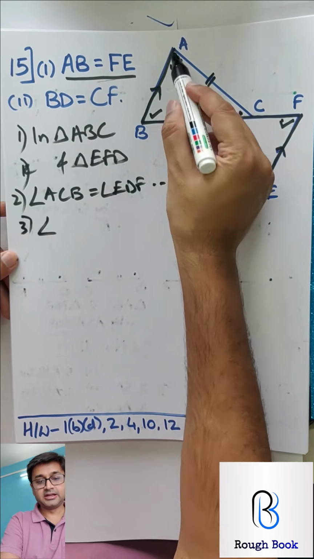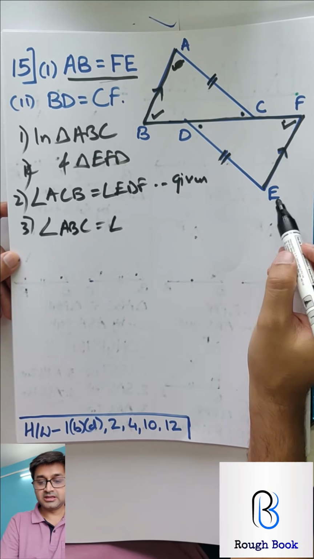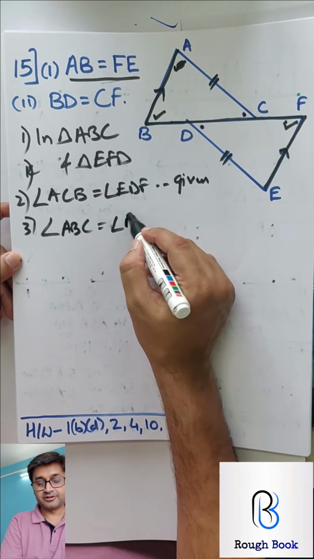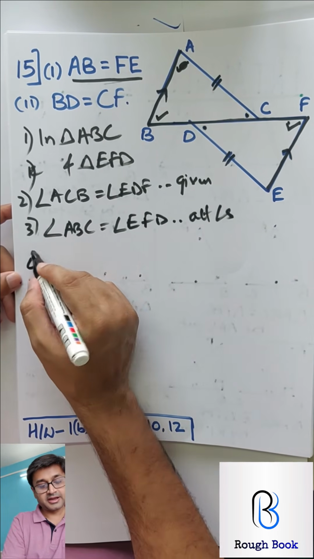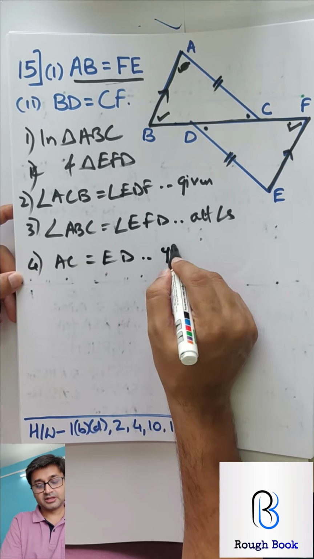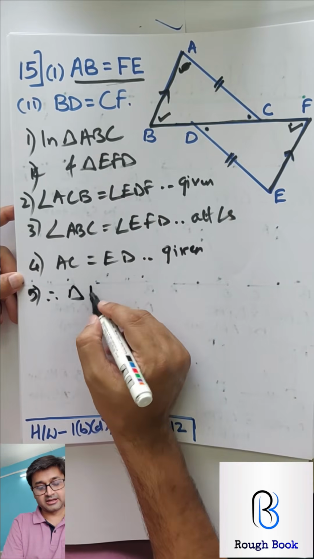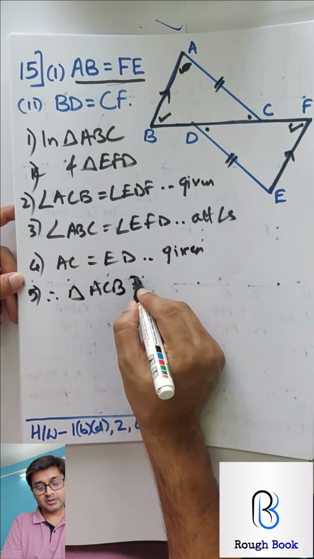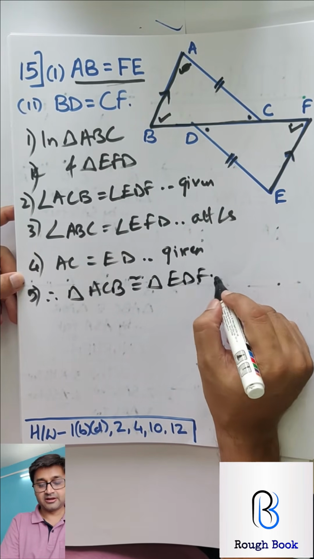Second, angle ABC equals EFD. Why? Alternate angles. And number 3, AC equals ED. Given again. And therefore you can say that triangle ACB is congruent to EDF.